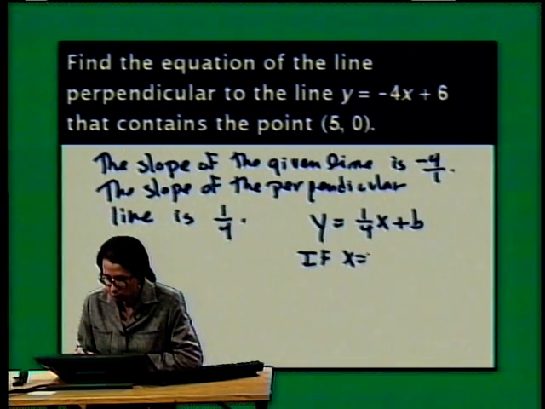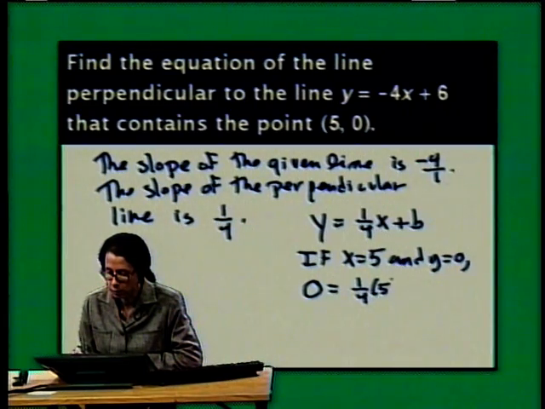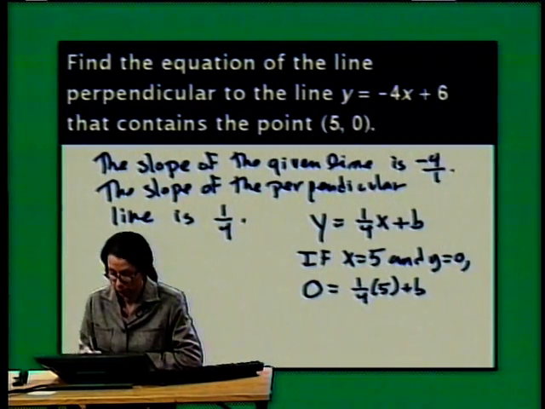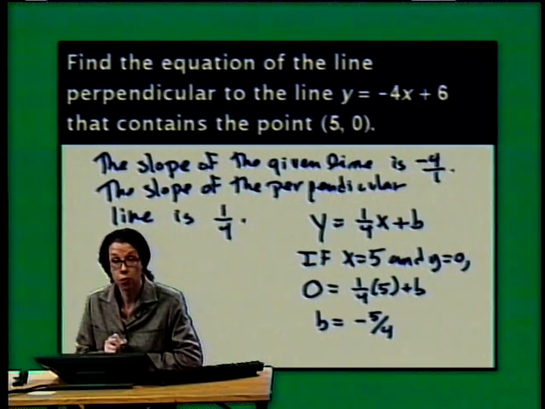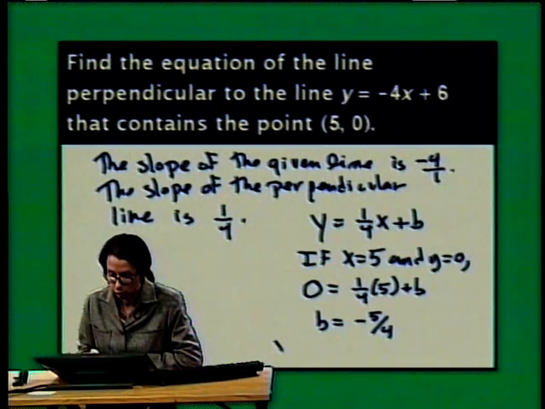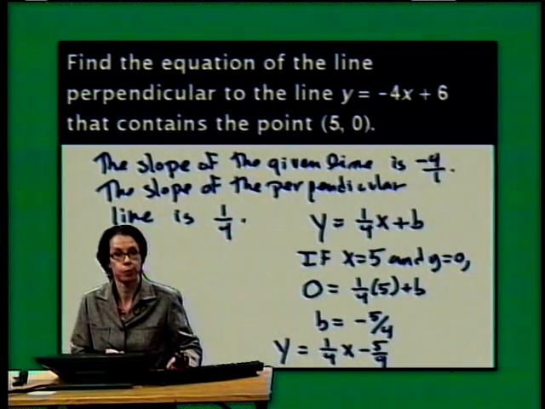So if x equals 5 and y equals 0, then I have 0 equals 1/4 times 5 plus b, or b equals -5/4. So my equation should be y equals 1/4 x minus 5/4. Let's check this with a graph.